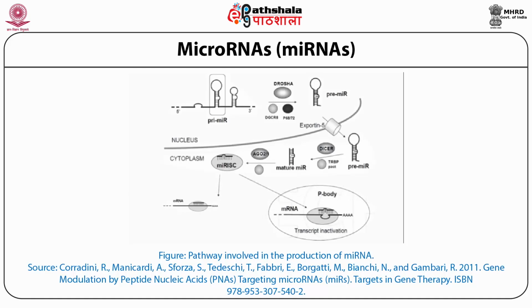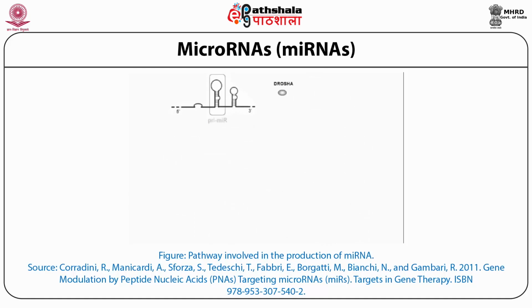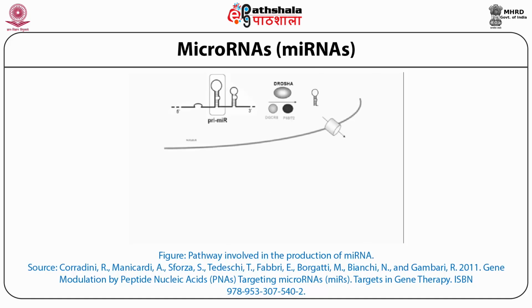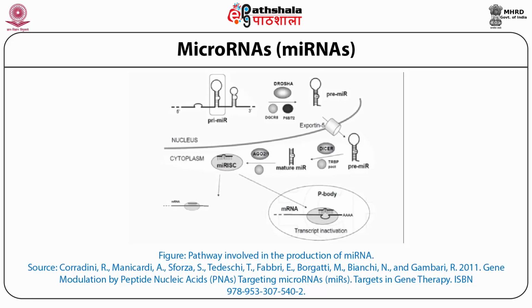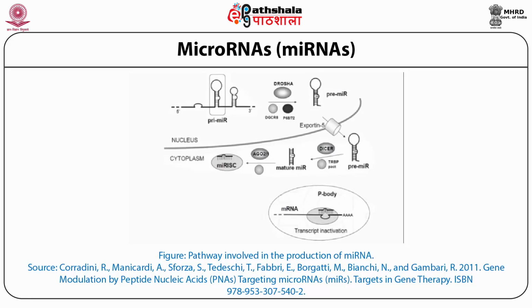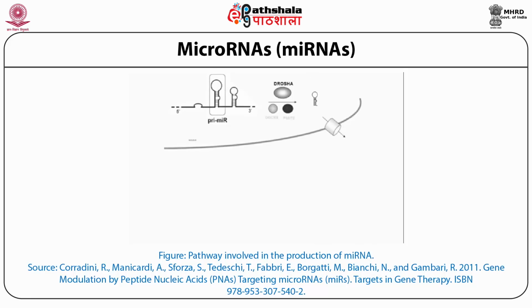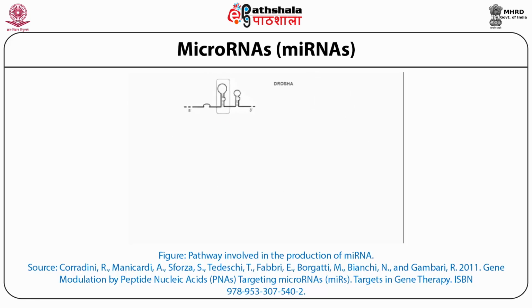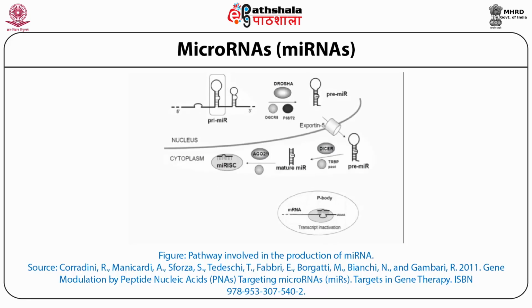These pre-microRNAs then are transported outside the nucleus through the help of the protein Exportin 5 through the nuclear pore complexes, where they reach the cytoplasm. Upon reaching the cytoplasm, these pre-microRNAs come in contact again with DICER, which removes the loop of the pre-microRNAs, converting them into mature microRNAs.